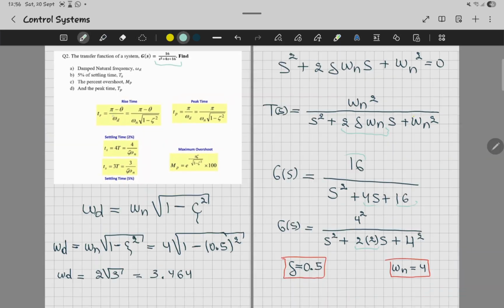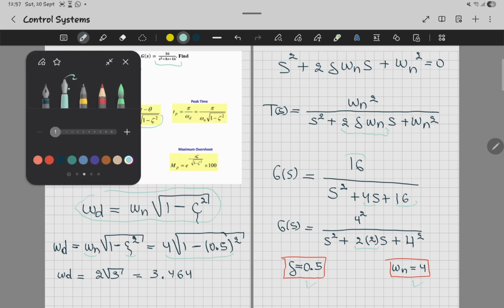Now there is also something very important. You need to get this one for you to solve for the rising time. For the rising time, you need to use this formula. That's what you see here. Once you use it, you're just going to replace the values that we got. Then when you do that, you get something.